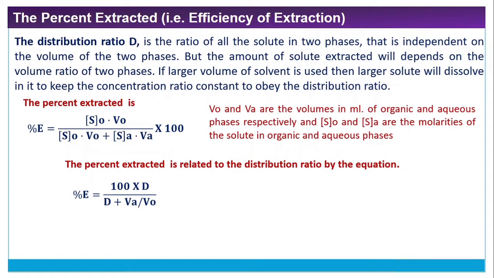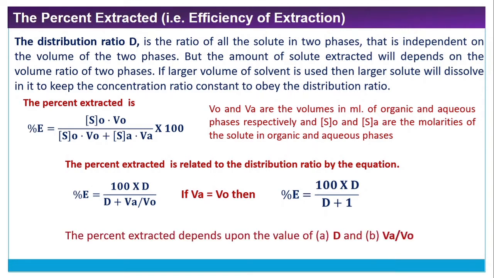Here D is the distribution ratio, Va is the volume of the aqueous phase, and Vo is the volume of the organic phase. If Va and Vo are equal, it means the volume of the aqueous phase and the volume of the organic phase are equal.